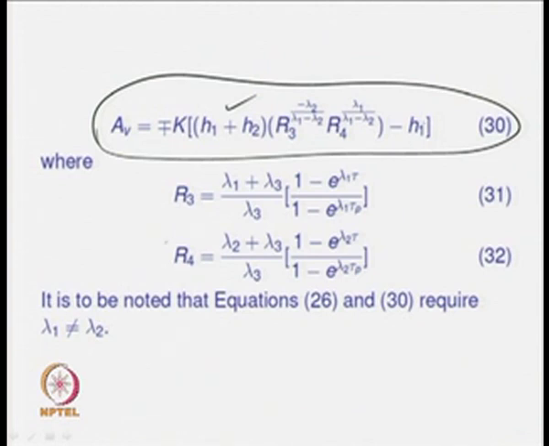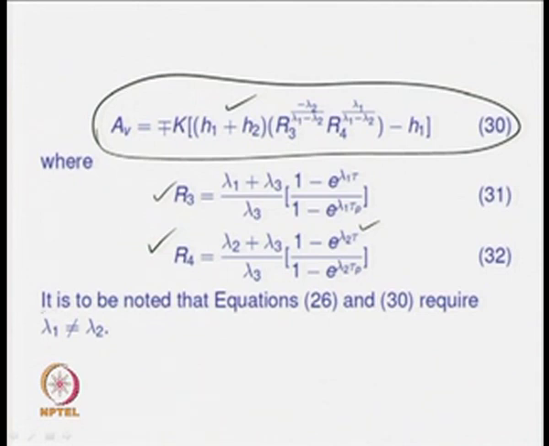What is R3 and R4 here? R3 is equal to (lambda 1 plus lambda 3) upon lambda 3 times (1 minus e to the power lambda 1 tau) upon (1 minus e to the power lambda 1 tau p), and R4 is given as (lambda 2 plus lambda 3) upon lambda 3 times (1 minus e to the power lambda 2 tau) upon (1 minus e to the power lambda 2 tau p).